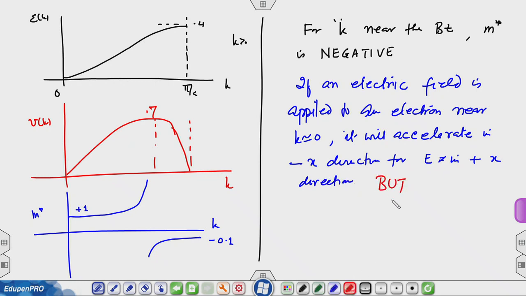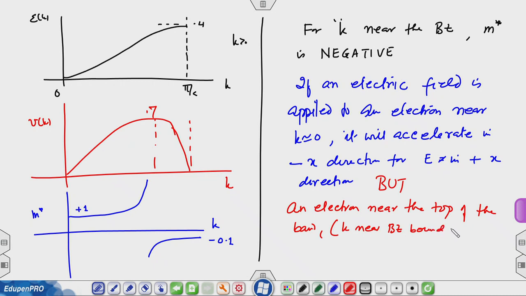but an electron near the top of the band, k near the Brillouin zone boundary, it will accelerate in positive x direction for E in positive x direction.